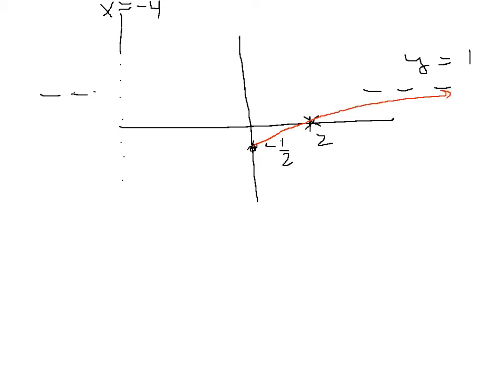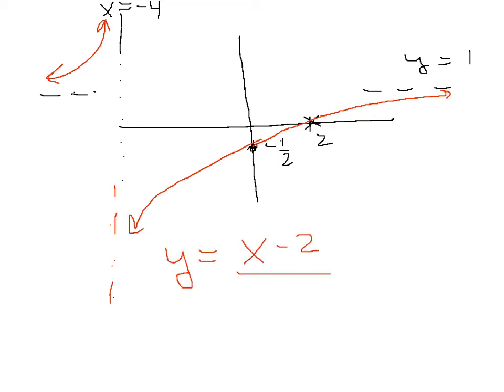And here I am here, and I have an asymptote, which should have kept going down. And then I have over here an asymptote and another asymptote. And that's the graph of y equals x minus 2 over x plus 4. All right, we'll do a few more.